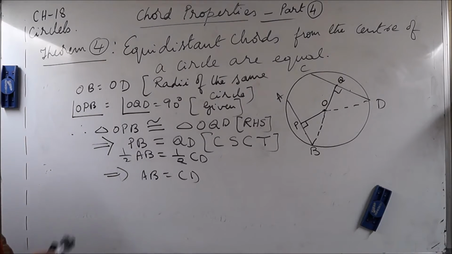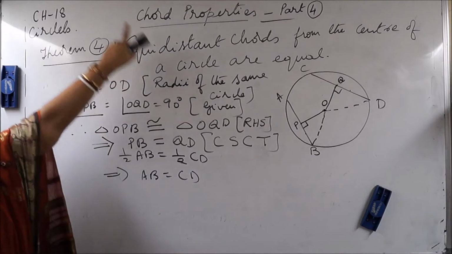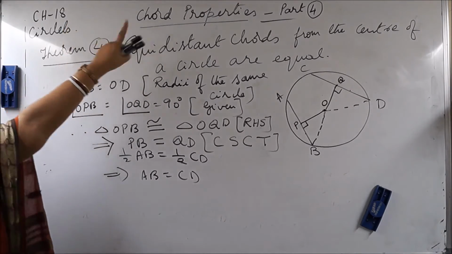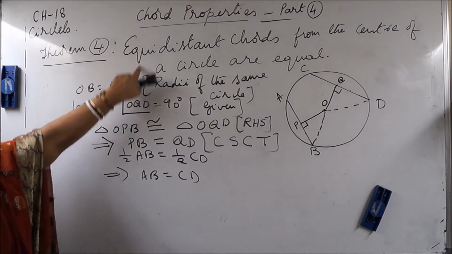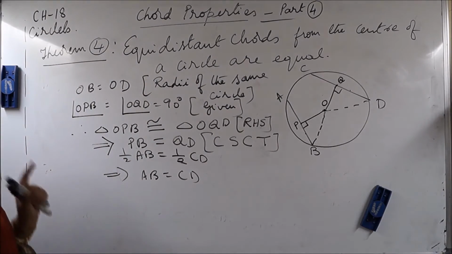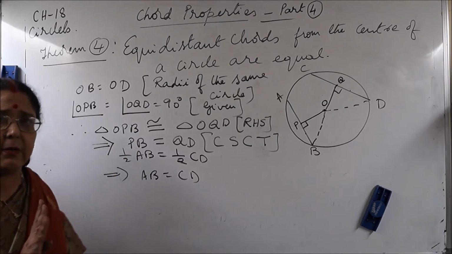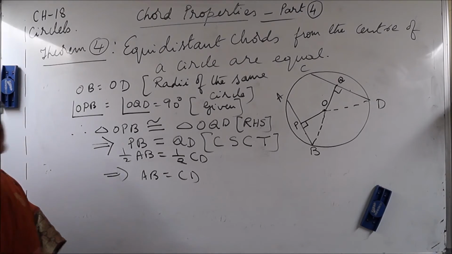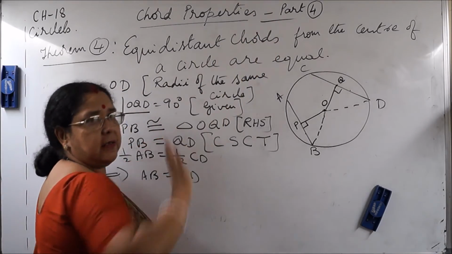Okay, so this theorem, which is a converse, again I repeat, of a theorem that we learnt in part 3. According to this theorem, equidistant chords from the center of a circle are equal. Now let us revise once again all the four theorems that we have learned under chord properties, part 1 to part 4.